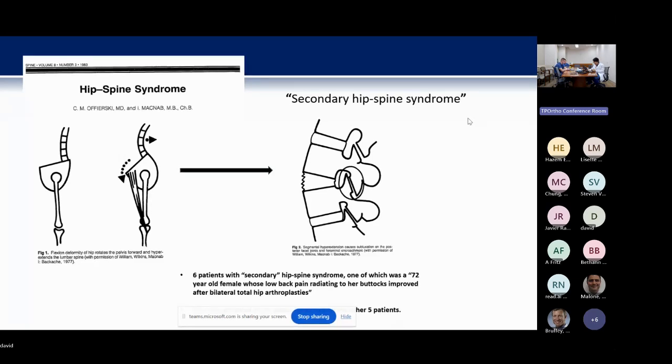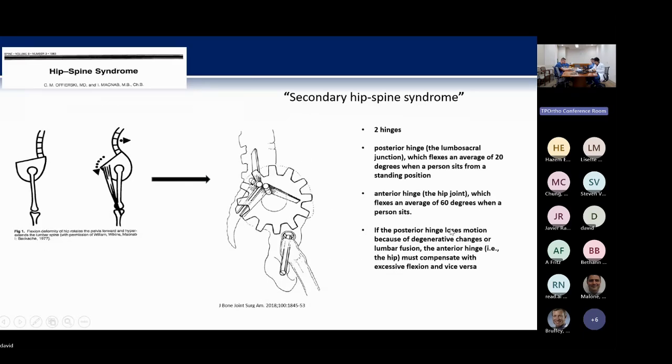Where does the radiating back pain and buttock pain come from? And they described it as two connected hinges. If one hinge is more stiff, then you compensate through the other hinge to maintain your upright posture.